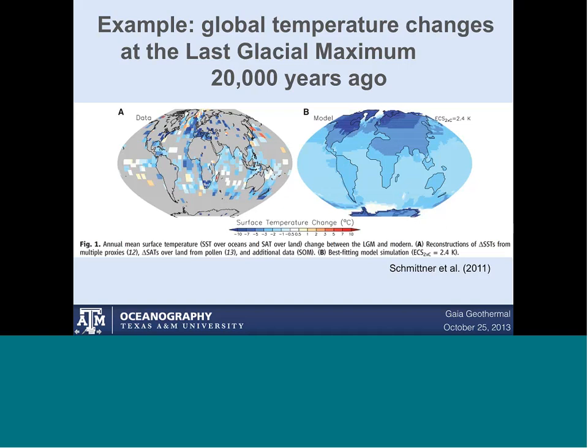So what I'm showing you here is just an example of how we can use the data that I generated from my research to create a picture of what the Earth's climate was like, say, 20,000 years ago when we were in what's called the last glacial maximum. This is the time period where the ice sheets on North America and Europe were at the maximum extent. Climate was at its coldest period over the last 100,000 years. So this is kind of like a benchmark of the coldest period over the last 100,000 years.